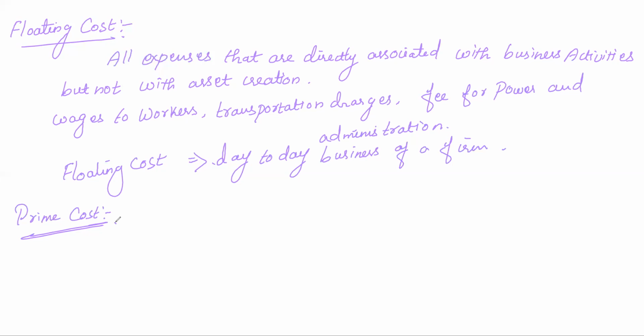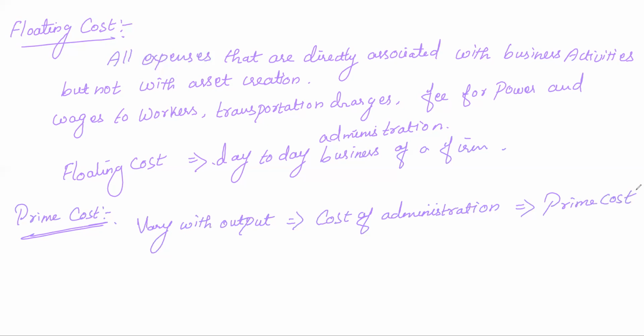So in short, prime cost is variable cost plus cost of administration. That's all.